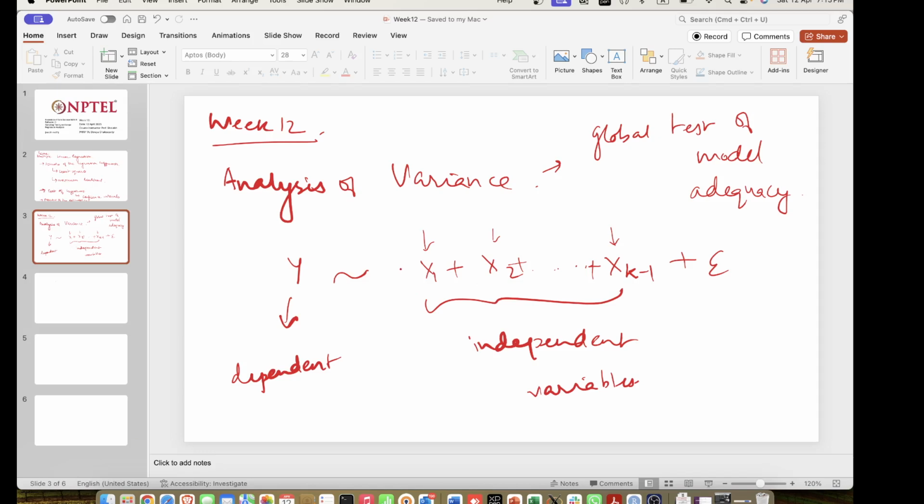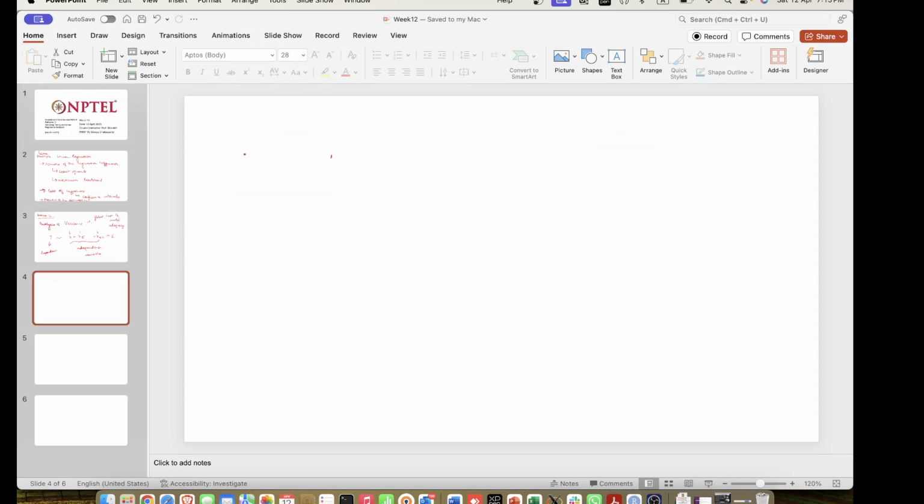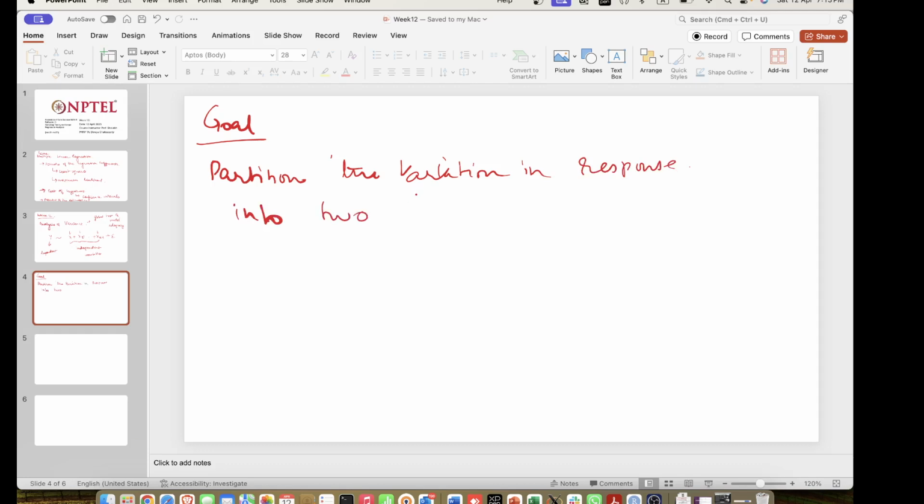The goal here is to partition the variation in the response into two independent, or orthogonal, components.